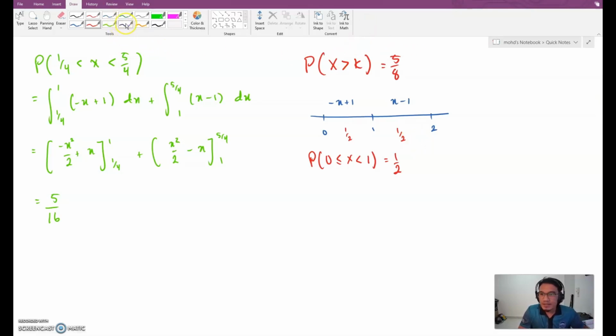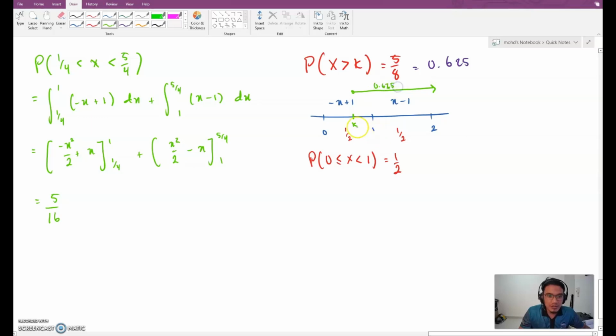Okay, so 5 over 8 for x bigger than k. 5 over 8 is equal to 0.625, which is bigger than 0.5. So the point k must be somewhere between 0 and 1, because when x is bigger than k, the probability is 0.625.